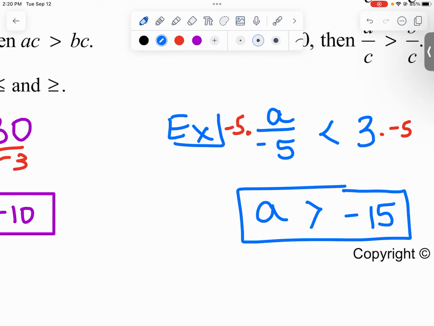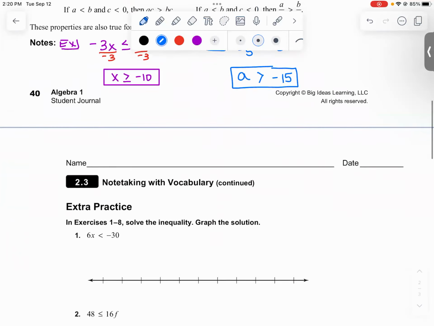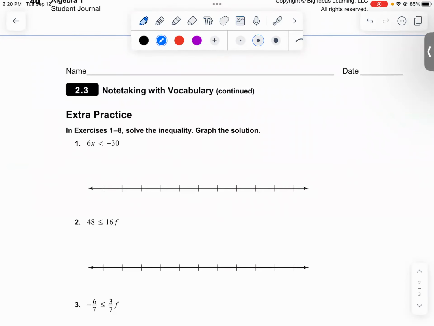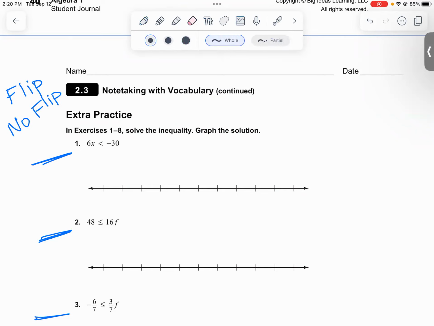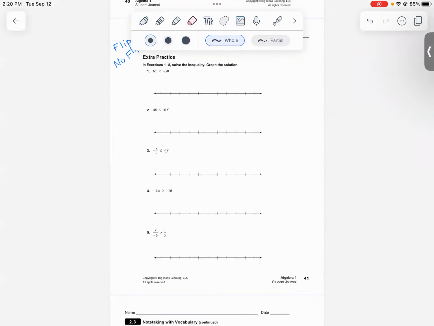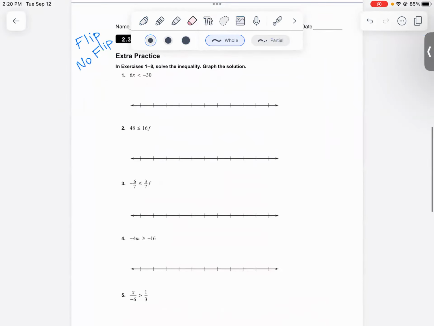That's it. So this is what I want you to do. On page 41, there's 6 problems. I don't want you to do them. What I want you to do is either write flip or no flip next to them, like right here. Flip or no flip on all of them.